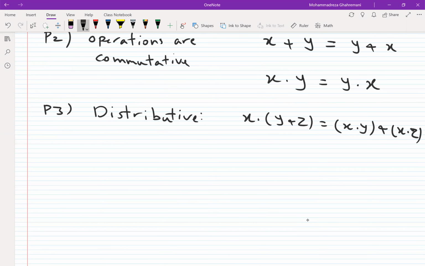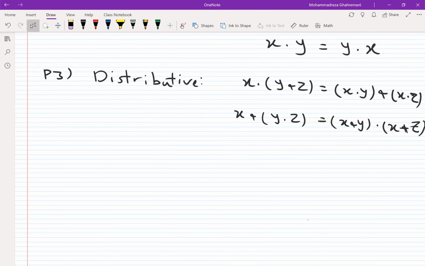And x plus yz is equal to (x plus y) dot (x plus z).